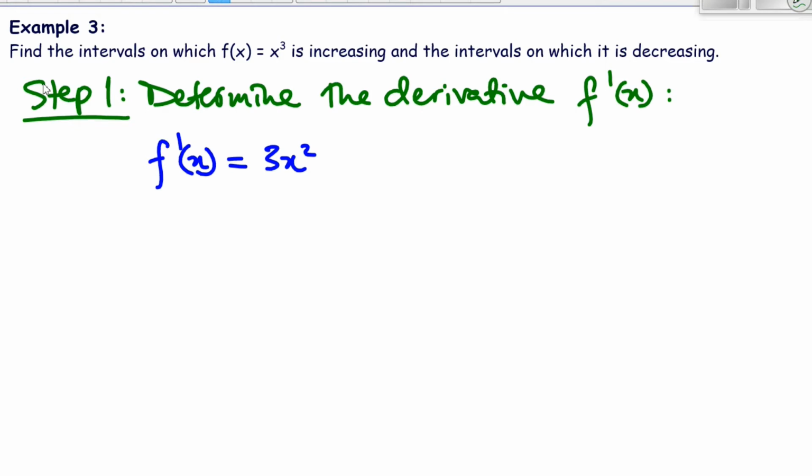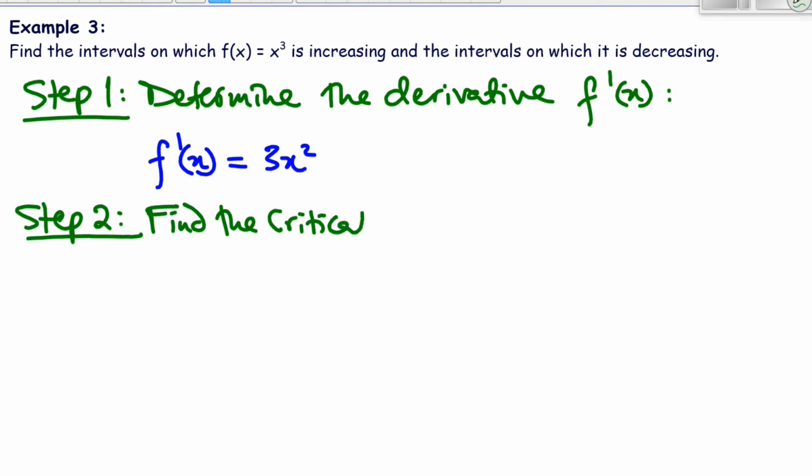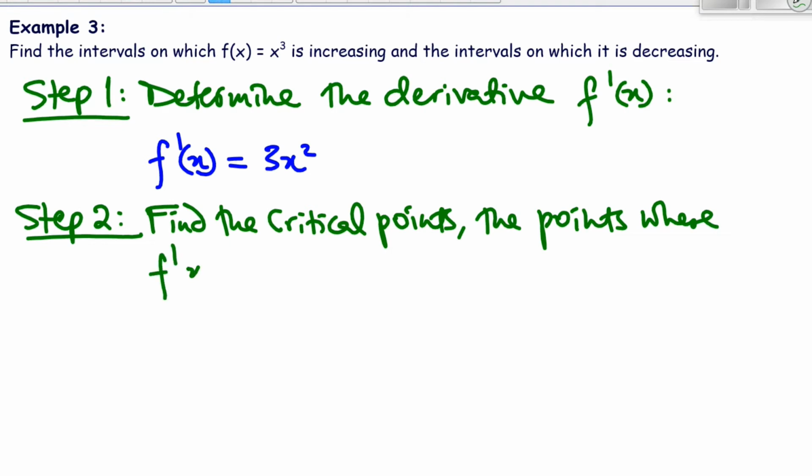Step 2 is to find the critical points. Basically, those are the points where the first derivative is equal to 0.